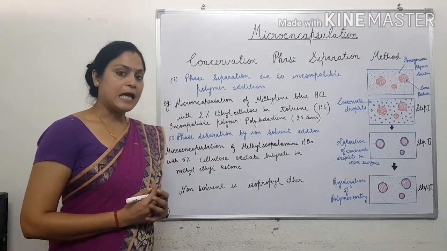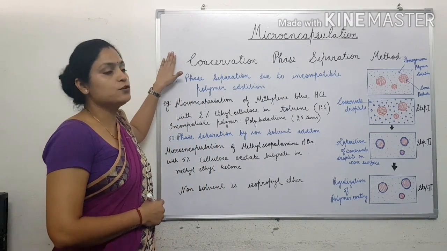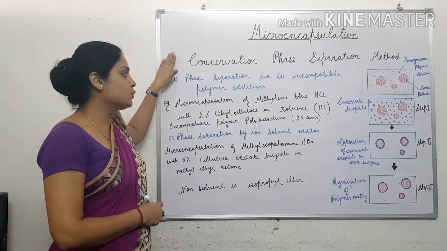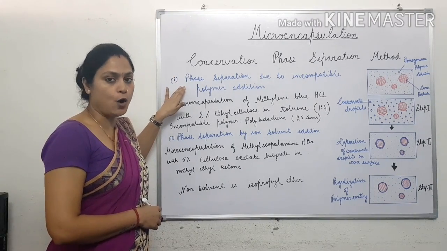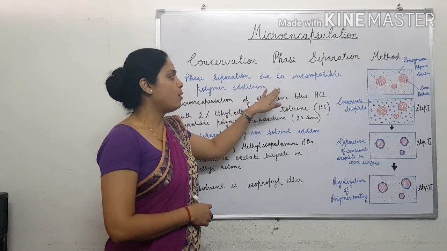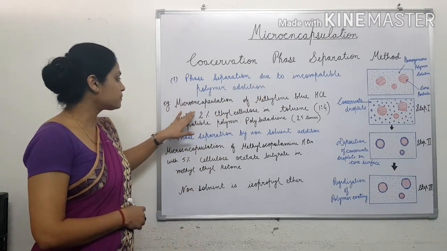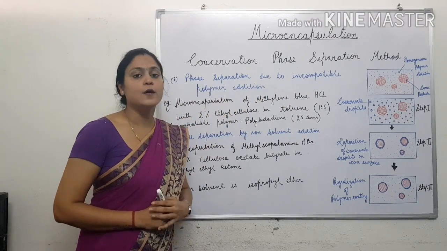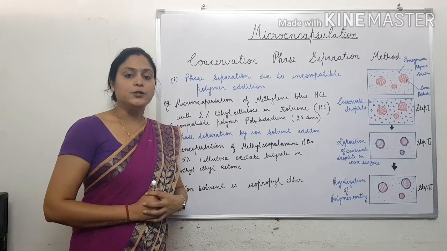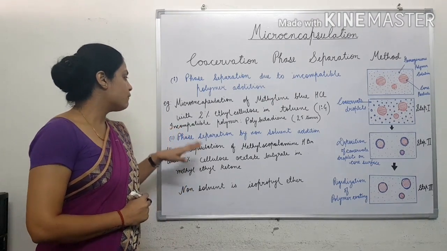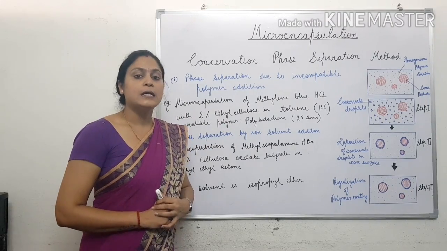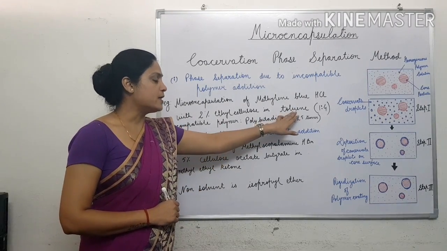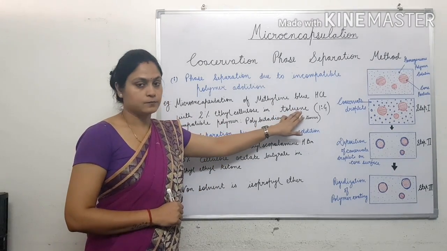Now, an example of the coacervation phase separation method using another principle, that is, addition of an incompatible polymer, is the microencapsulation of methylene blue hydrochloride crystals with the help of a 2% solution of ethyl cellulose in toluene.